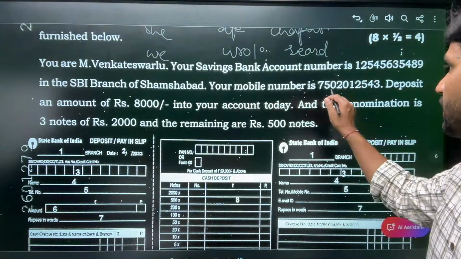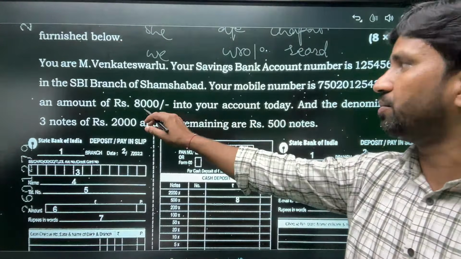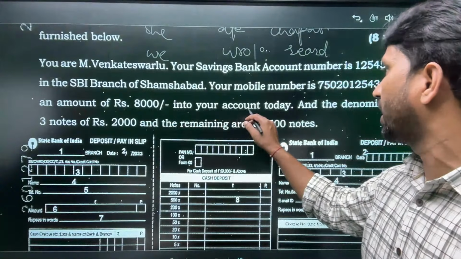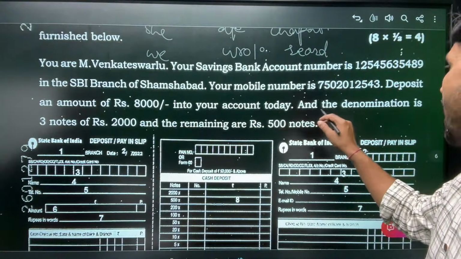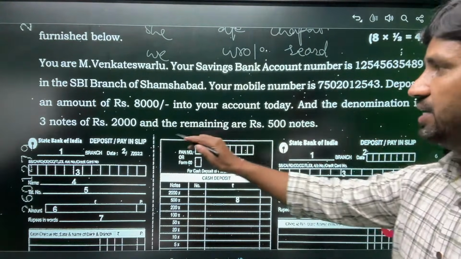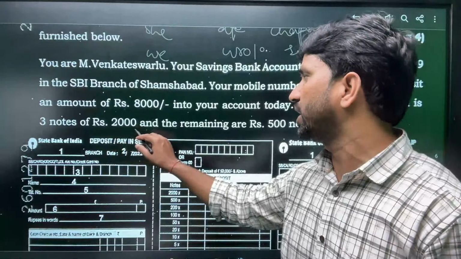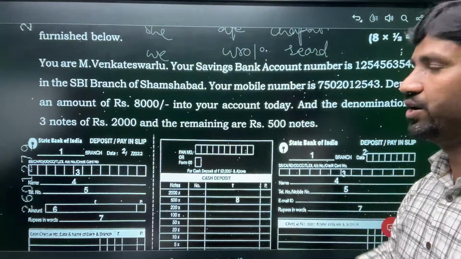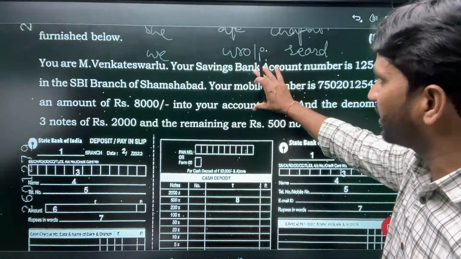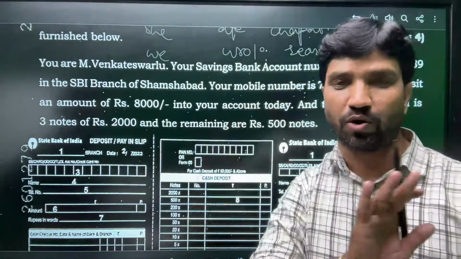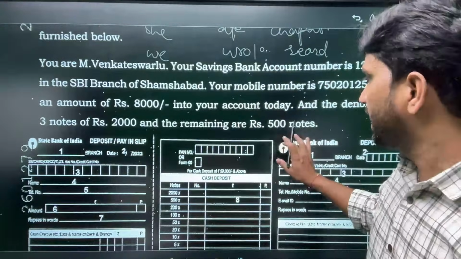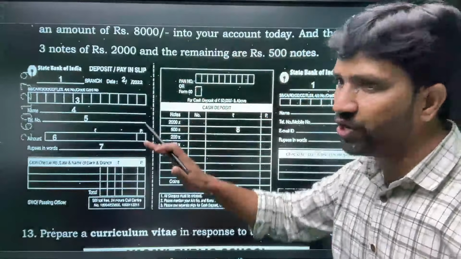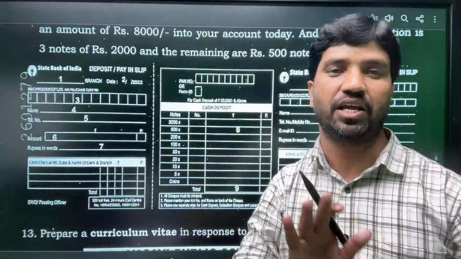Your mobile number is also given, and you deposited an amount of 8,000 into your account today. The denomination is 3 notes of 2,000 and the remaining are 500 notes. So based on the given information we fill the forms. Don't fill in your own information. No need to draw the form again in your answer sheet.